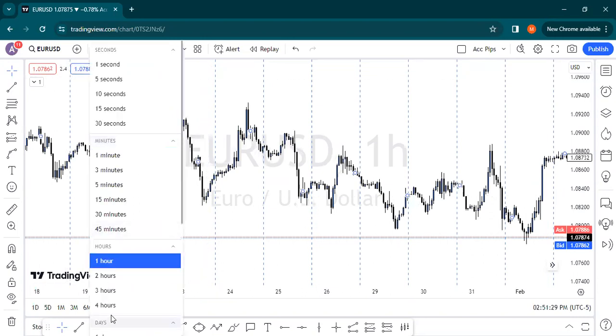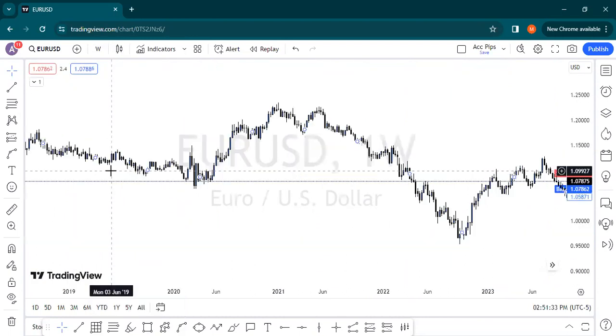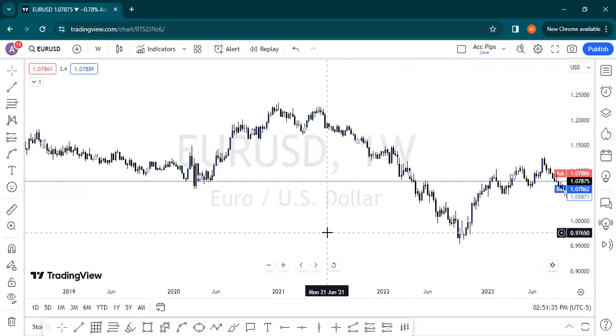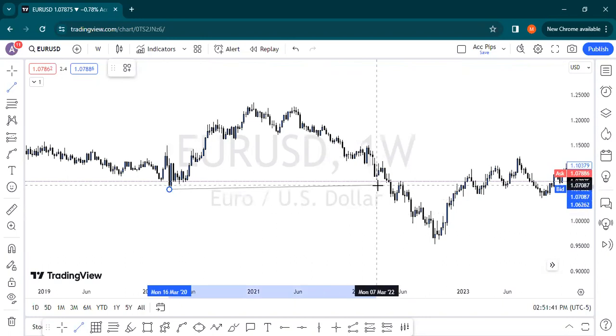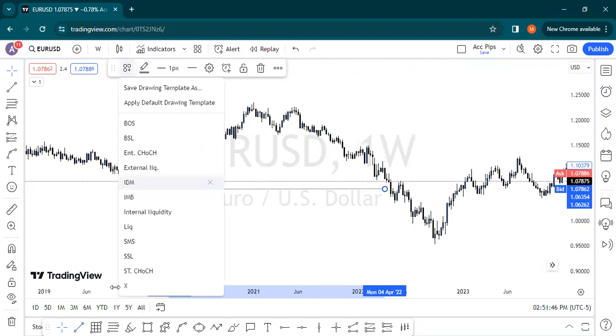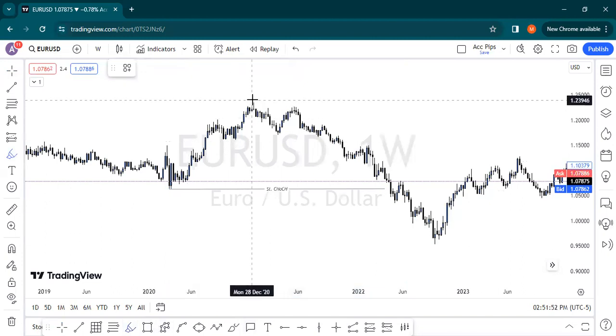Let's go to the weekly time frame. On weekly, Euro USD is bearish. This is the last structural low that was taken over here on weekly. So this is our structural choch. The last low, this is the last high on the weekly time frame.